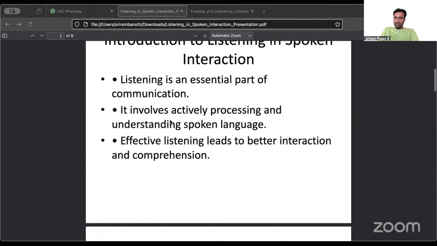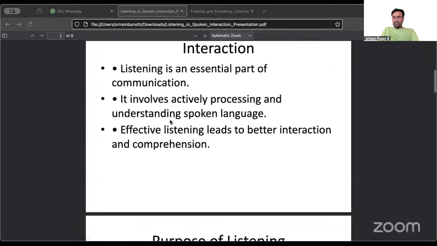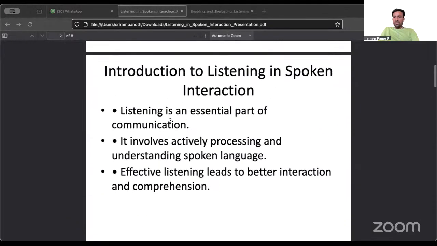It's very, very important. The one who didn't take the screenshot, try to take it now, because in LSRW, listening plays a crucial role.